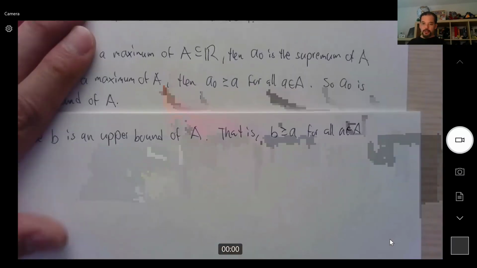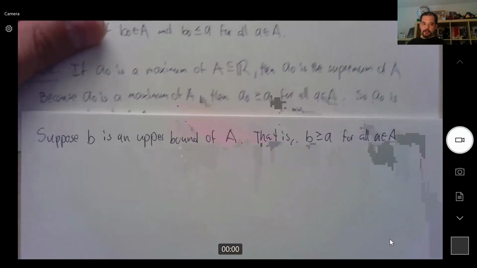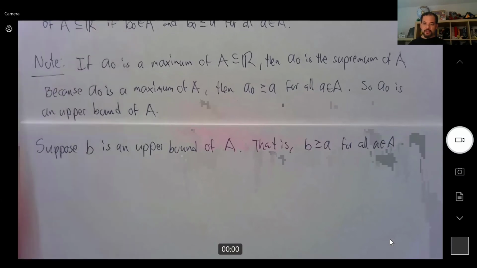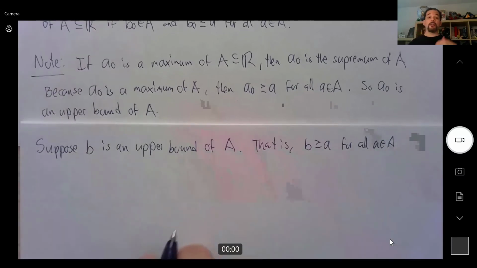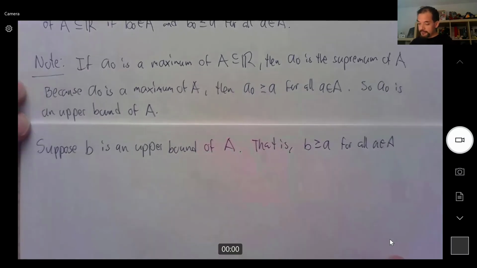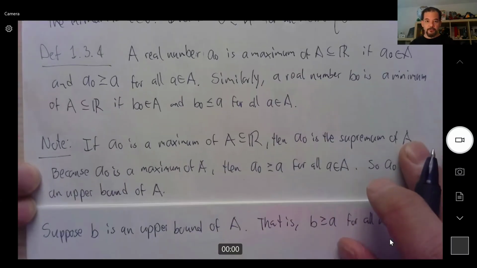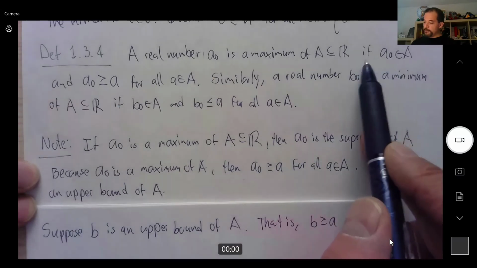Good? Well, but here's the thing now. If B is greater than or equal to any element in A, in particular, because A0 belongs to the set, here's the definition, let me scroll a little bit. See, this is part of the definition.